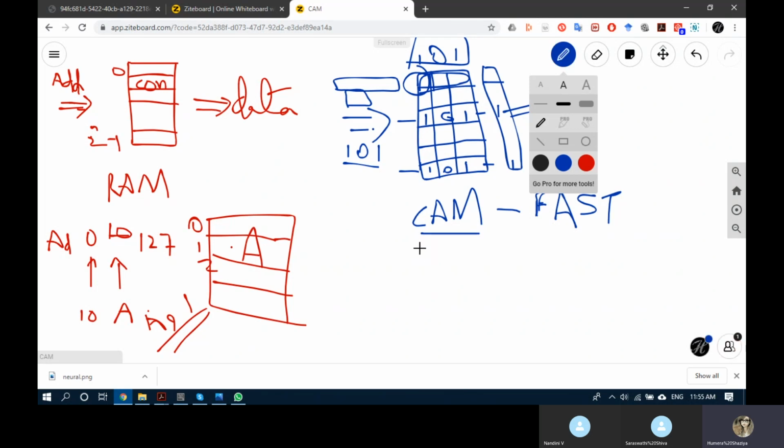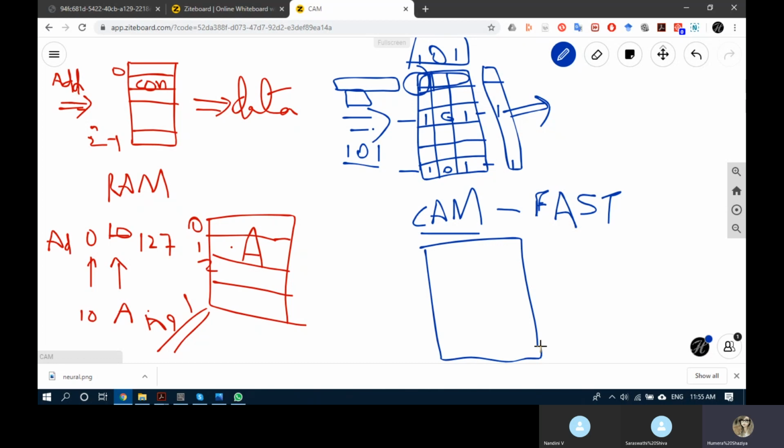To perform write operation on CAM, you don't have any address. To record which positions are free and which positions are occupied, you may use a tag register, in which you just put value 1 if it is free, if it is not occupied.